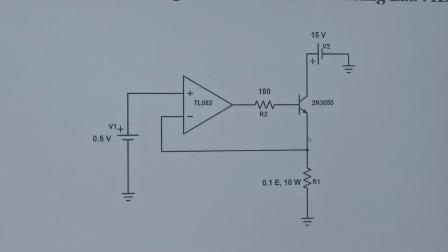If you want to understand how much temperature is going to be generated, you can look into the data sheet of the 2N3055, which gives the relation between power and the temperature generated. As this voltage keeps increasing, the current flowing keeps increasing.